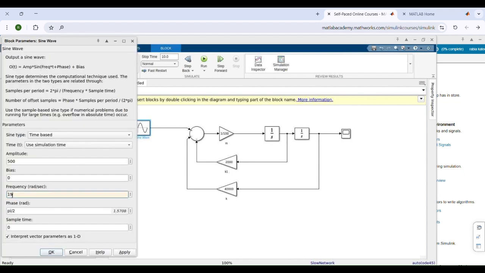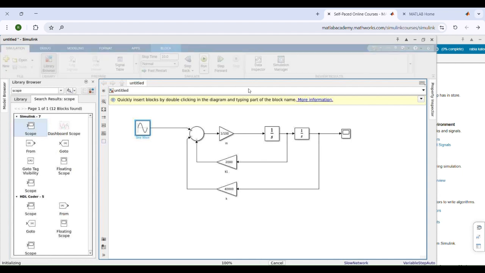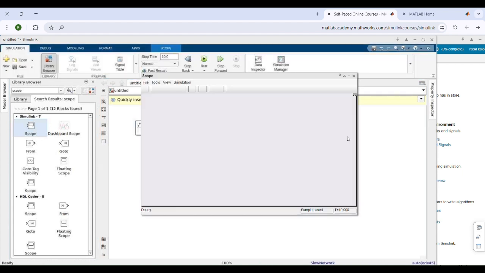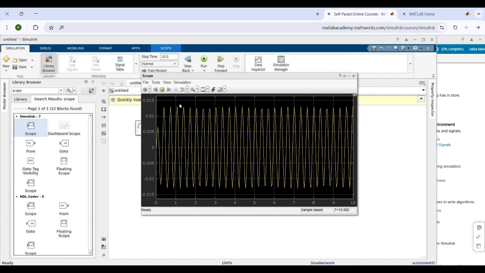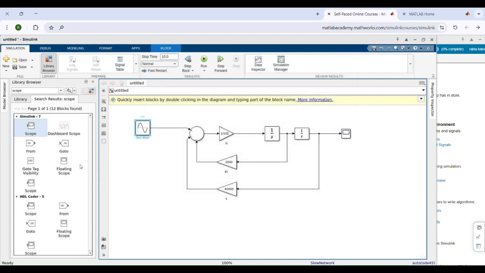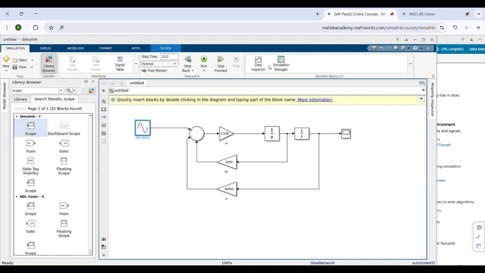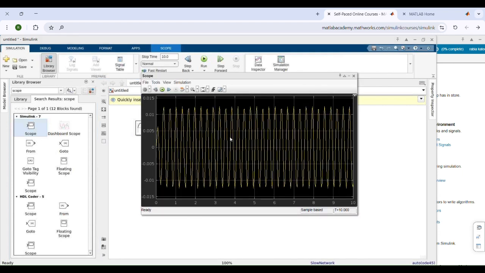Okay, 19 and run. Let's see. More waves, more close together, and it's more stable for the system. 20 should be more stable because it's at resonance, which is omega equal omega n.